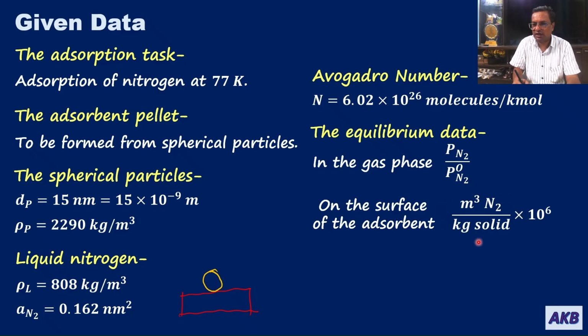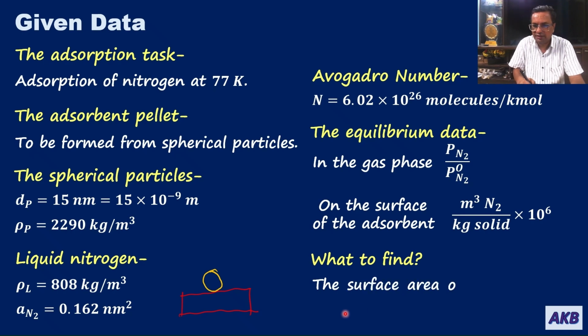So you have different values for meter cube of nitrogen adsorbed per kg of solid into 10 to the power 6, and different values for this ratio. This Pn2 by Pn2 naught is in equilibrium with this meter cube nitrogen per kg solid into 10 to the power 6. So the equilibrium data is given in this form.